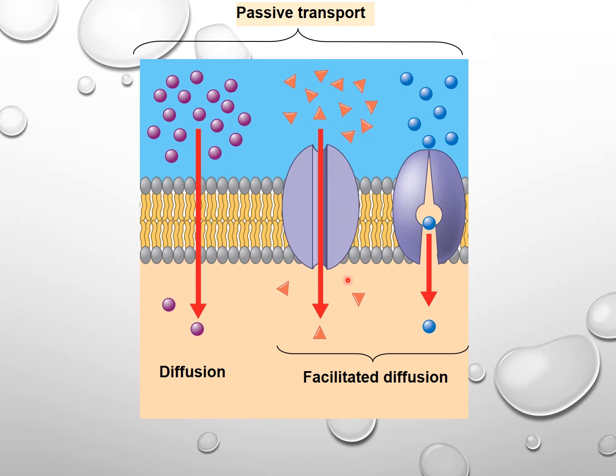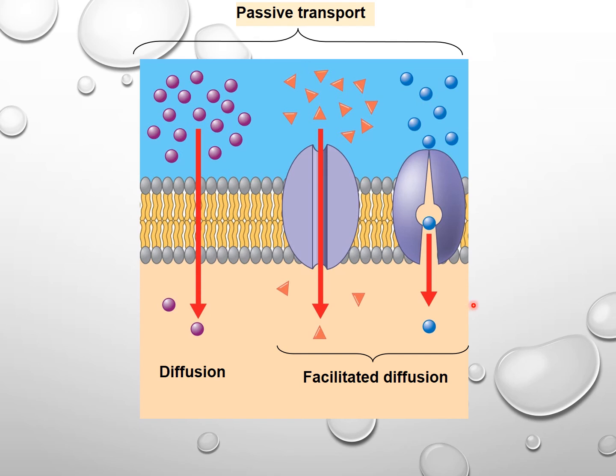And in facilitated diffusion, our concentration gradients, high concentration outside and low concentration inside, can be normalized through diffusion if there's a channel or a pathway that allows the movement of that molecule to make it inside the cell. Otherwise, a concentration gradient is established and maintained where maybe these blue balls would not be able to make it into the membrane.